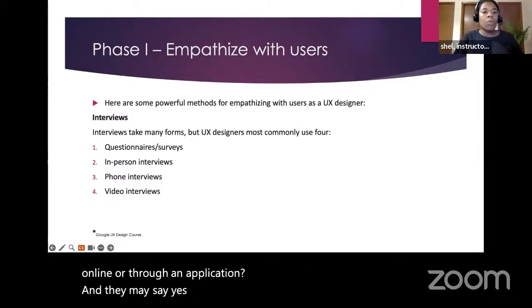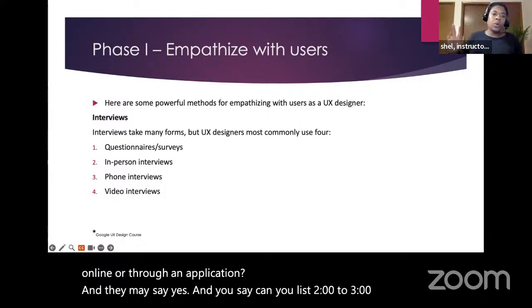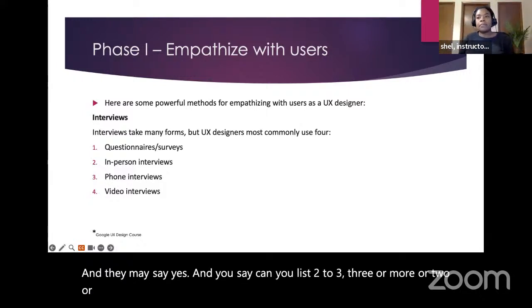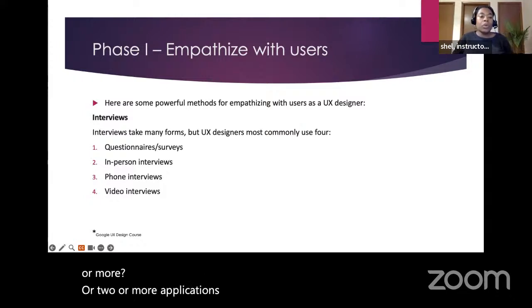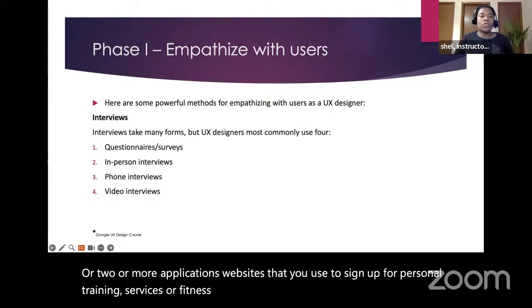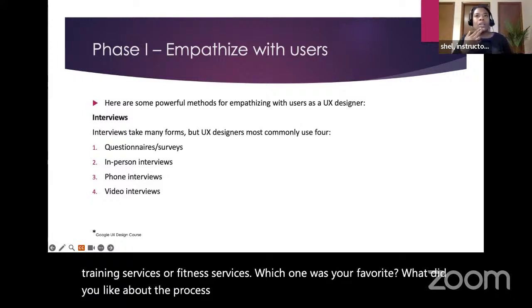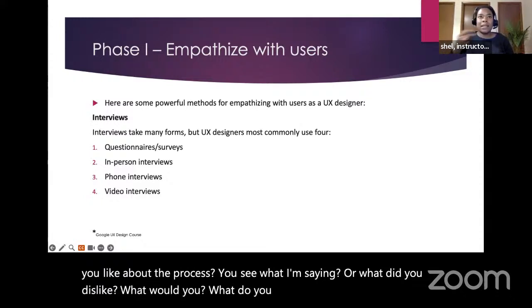And you would say, can you list two or more applications or websites that you use to sign up for personal training or fitness services? Which one was your favorite? What did you like about the process? You see what I'm saying? What did you dislike? What do you wish was present? Or what would be a great user experience for you?